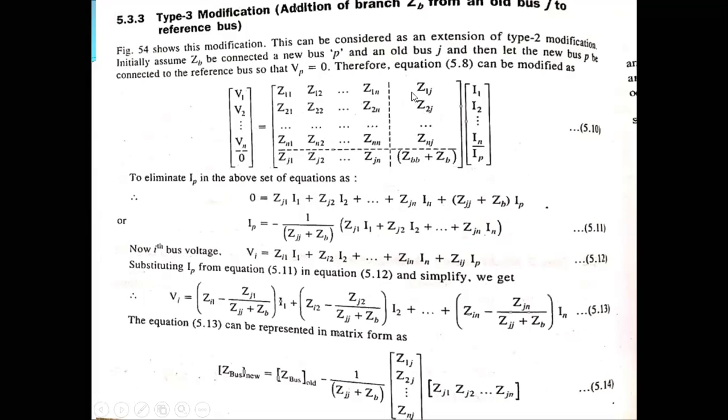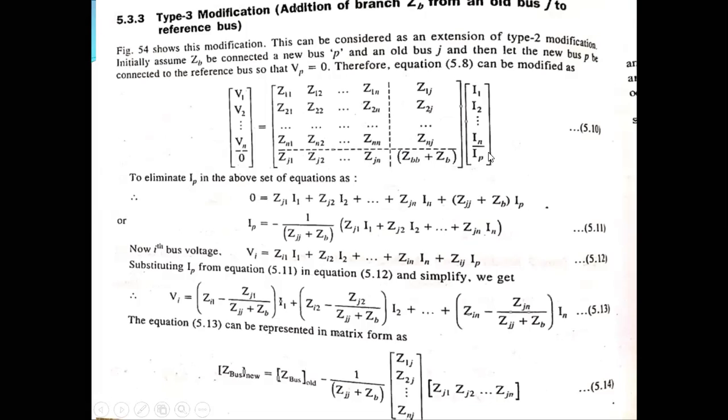In that we may represent Z1J, Z2J and so on ZNJ, and ZJ1, ZJ2 and so on ZJN, with ZBB plus ZBR, that is the branch, the added element. ZBR is the added element.